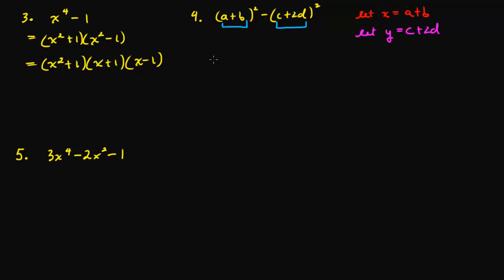Okay, and now we have x squared minus y squared, where I've just made a substitution here. I've substituted x for a plus b, and for c plus 2d, I've substituted y. And I should have an equal sign here.